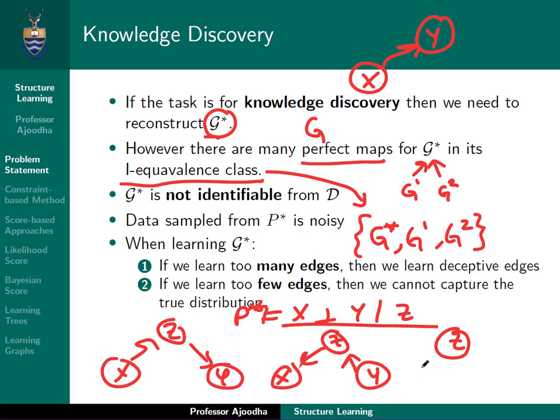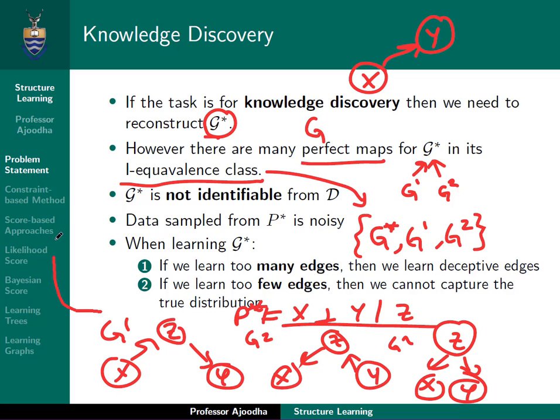And here's Z, and maybe you can go this way, okay? That's a collider. So all of these networks are I equivalent. So network 1, G1, G2, and G3 all belong to the same I equivalence class, okay?